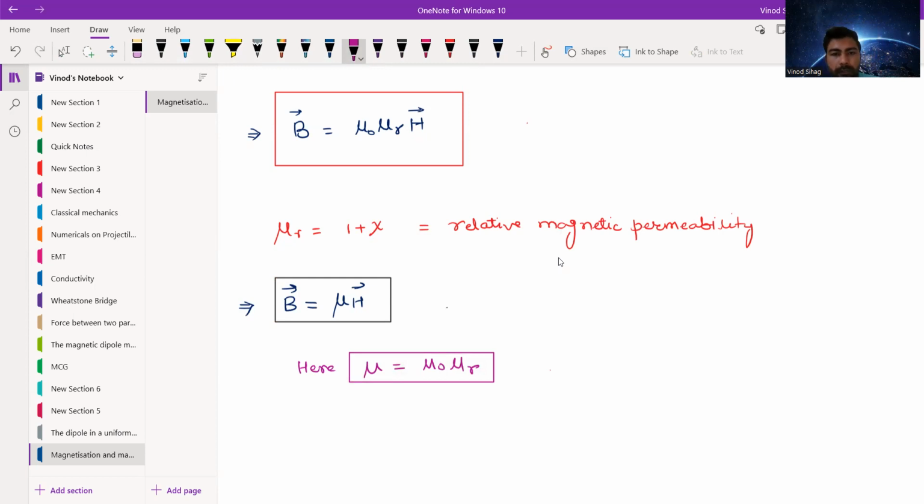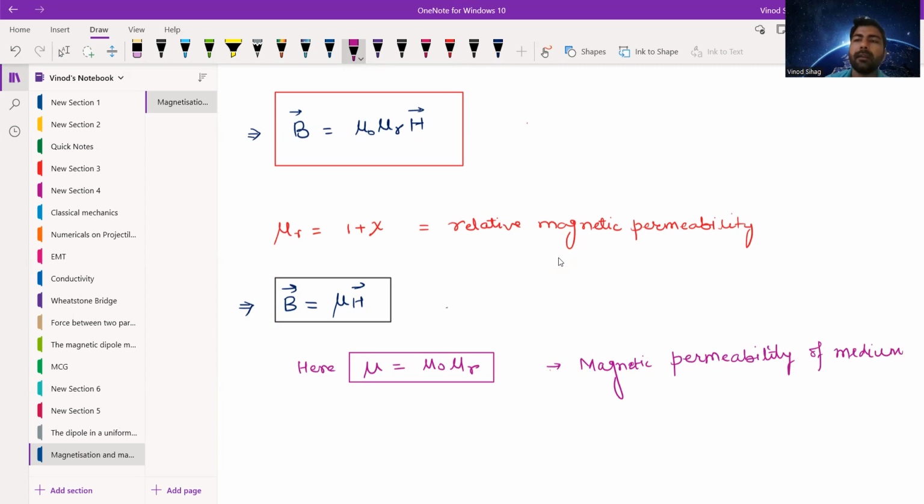So it is the magnetic permeability of the magnetic medium, and it can have different values.